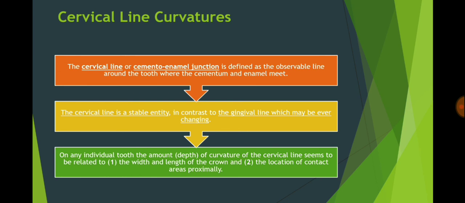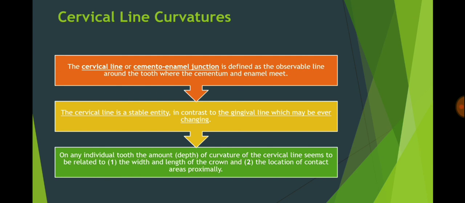It doesn't change. In contrast to the gingival line, CEJ doesn't change. However, the gingival line changes because of recession, inflammation, all those will change the gingival line, but the CEJ does not change. Okay, keep that in mind.